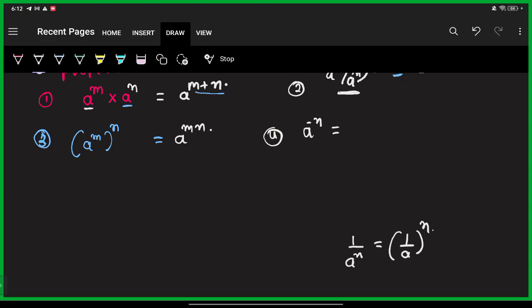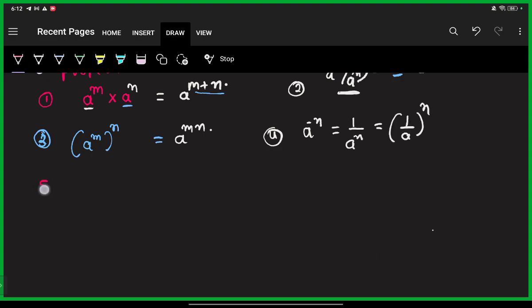Yes, sir. Let's discuss the fifth one. A raised to m multiplied by b raised to n. So here, as you can see, the bases are different, right? But the exponents are equal. That means we can write it as AB raised to m. Yes or no? Yes, sir. Sixth one, A raised to m divided by B raised to m.